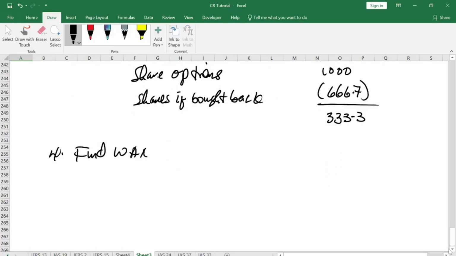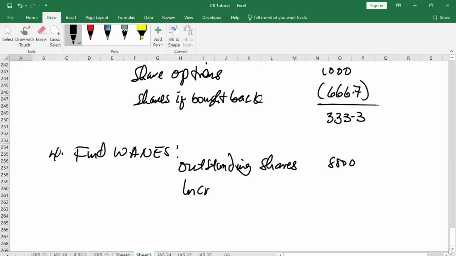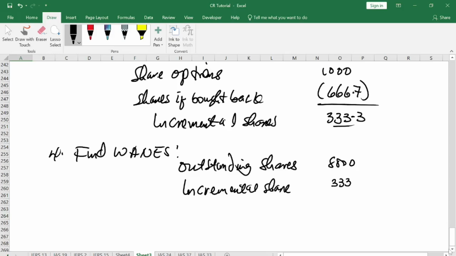After that, you find your weighted average shares, the same thing. Your outstanding shares is 8,000. Then you add the incremental shares, 333.3, which gives you 8,333.3.